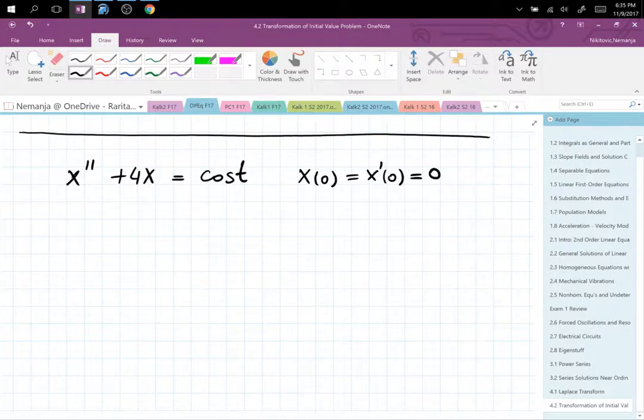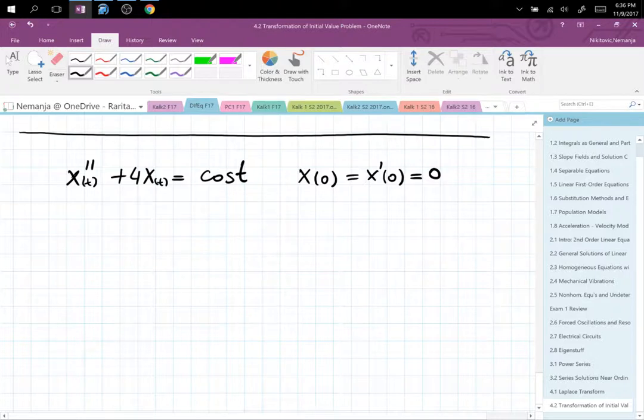But let's convert this into the Laplace world and see what we get. So we are moving from the time domain into the frequency domain, right? Remember, x of t is in the time domain. When you transform it into the Laplace world, it becomes the frequency domain in terms of s. So now what do we have?